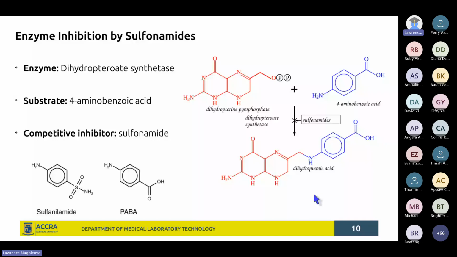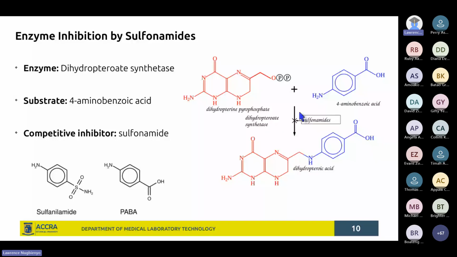So of course, if we are saying that the synthesis of the folic acid is important for cell proliferation and cell growth, which is also true for the bacteria, then when you have sulfanilamide binding onto the bacterial dihydropteroate synthase, it will prevent the synthesis of the folic acid.